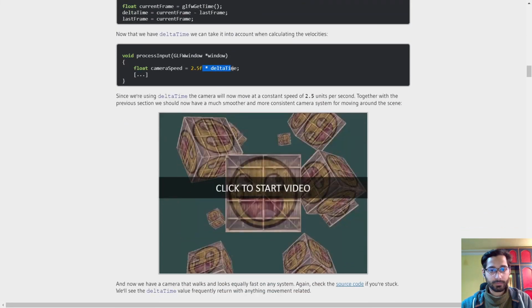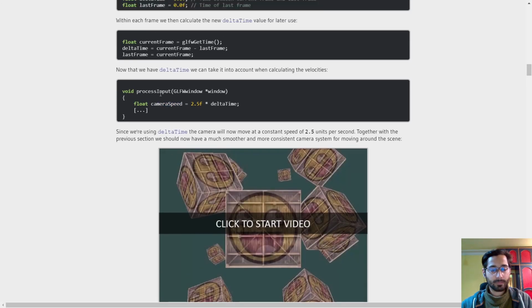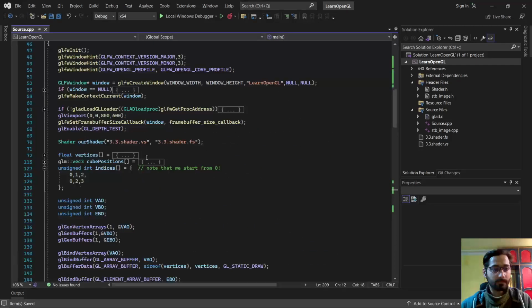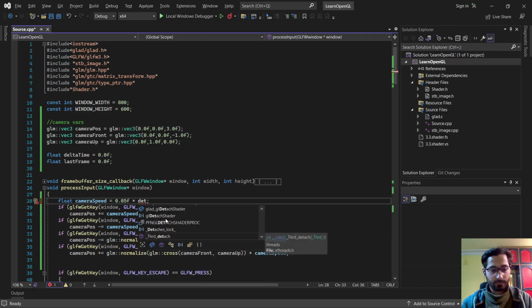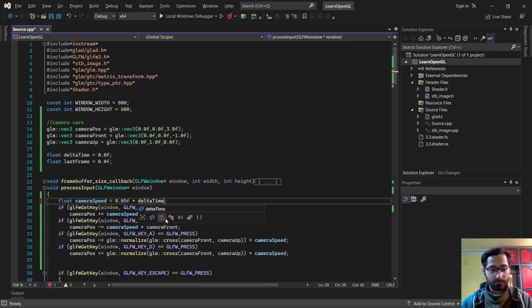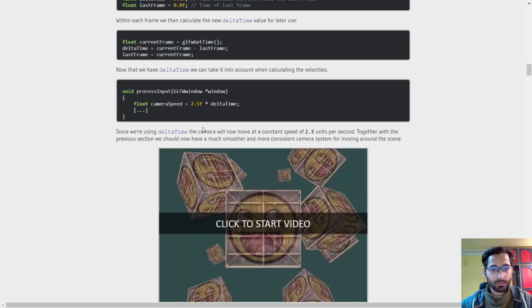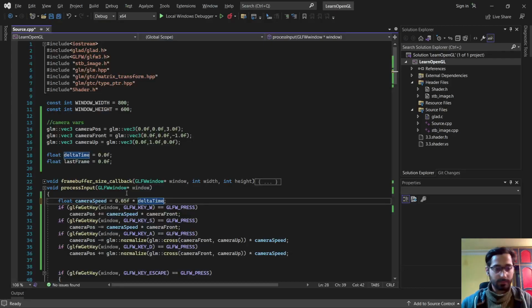And yeah, all we have to do is multiply the camera speed by delta time. That will also make it a lot smaller, so I'll compensate for that as well, 2.5f.